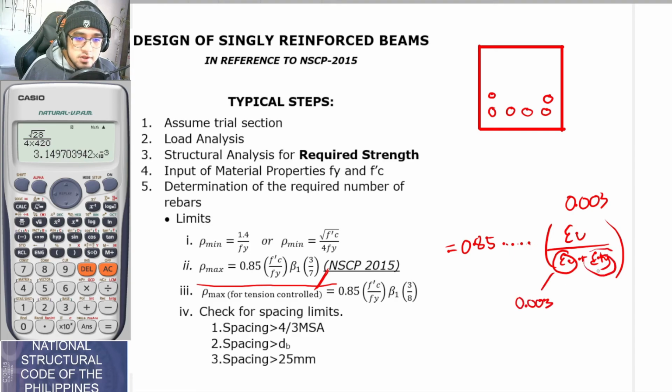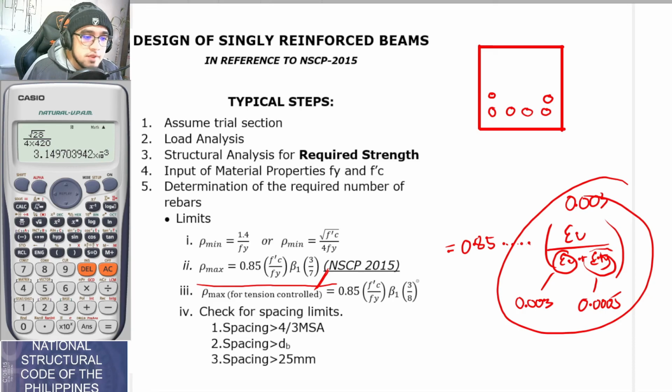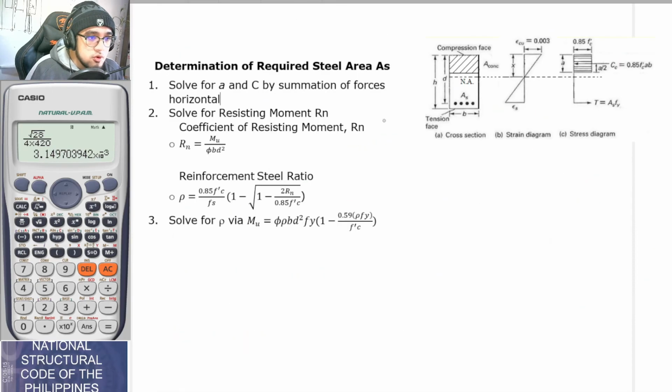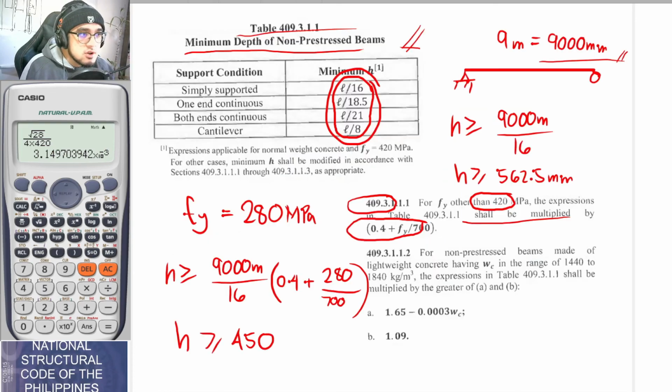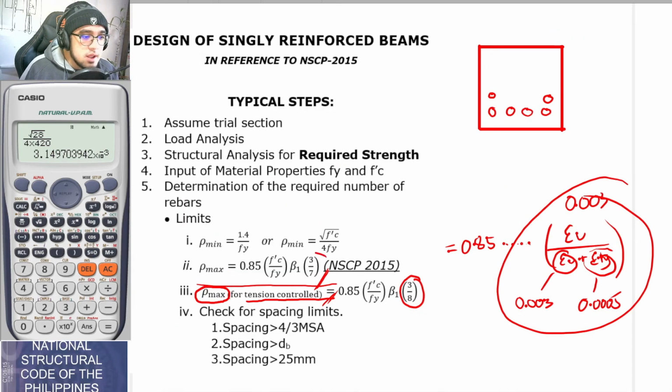And just substitute 0.005 here. So simplifying this fraction would give you an answer of 3 over 8. So once again, this is your rho max if you want your section to be tension controlled. But according to NSCP, it is allowed to go here. According to NSCP, it is okay to be in the transition zone. So this is the limit.